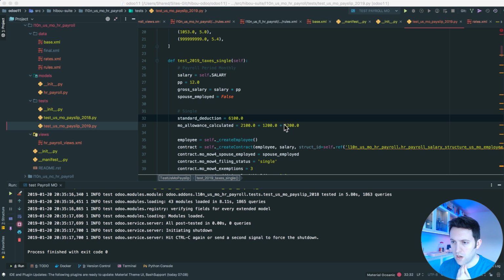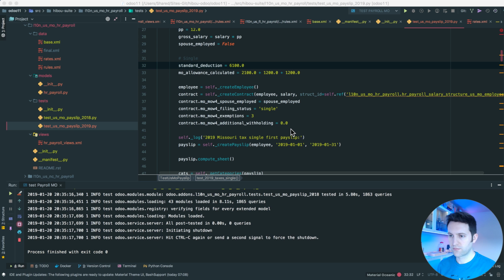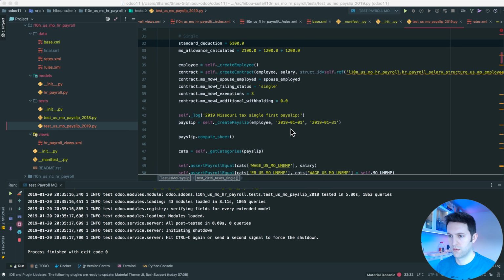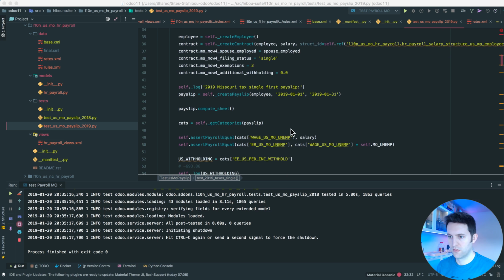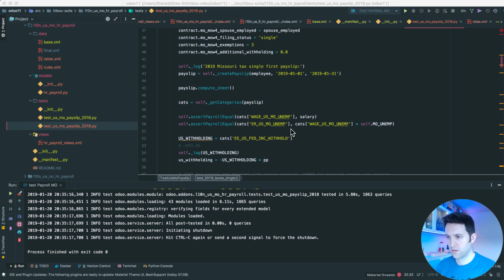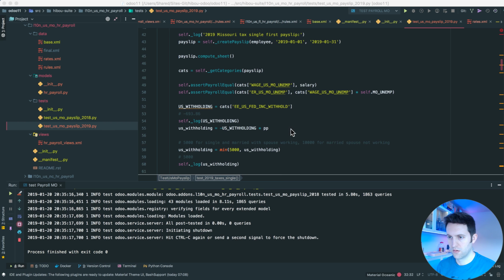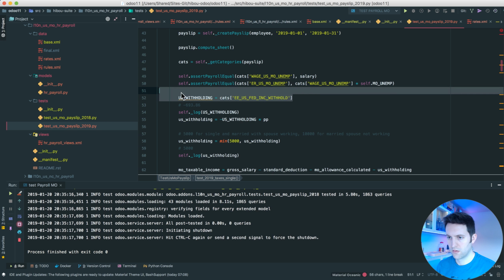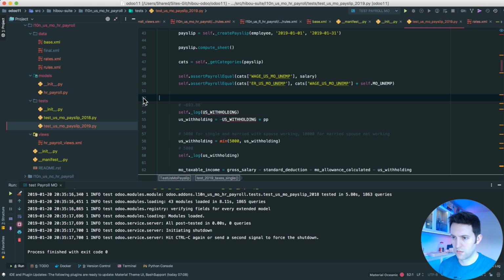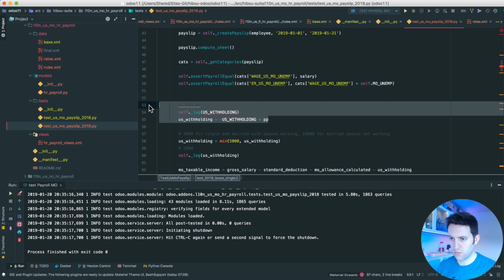Need to figure out what the allowances are supposed to be and what is even going on with this. Okay. Don't need this anymore.